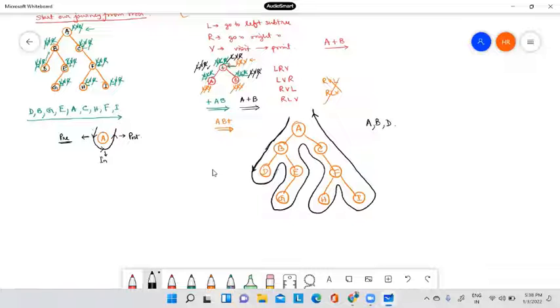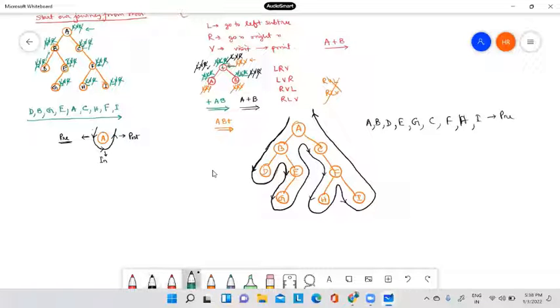Now again, from left side, E, then G, then C, then F, then H, then I. So this is the pre-order traversal.